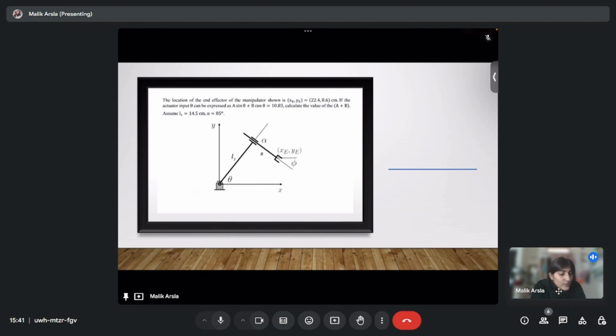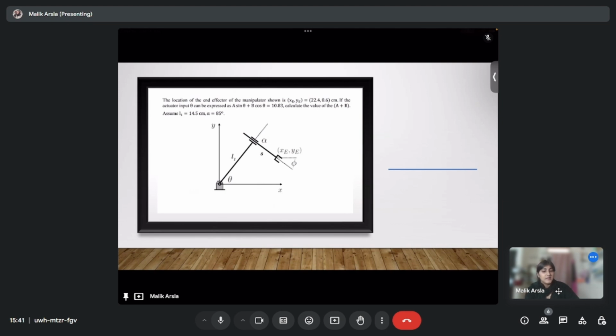Assume L1 is equal to 14.5 and alpha is equal to 85. Do you want to give this question a try? Anybody who wants to say how will we do it? See, you will first write the equation for XE and YE in terms of L1 and S. Like similar to what we did in question number 1.